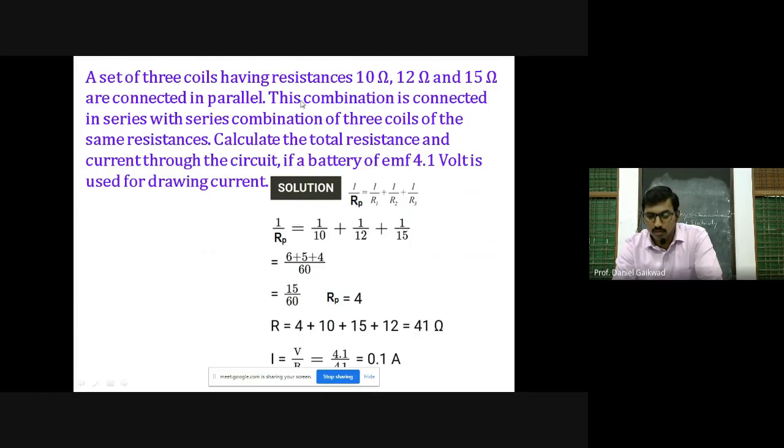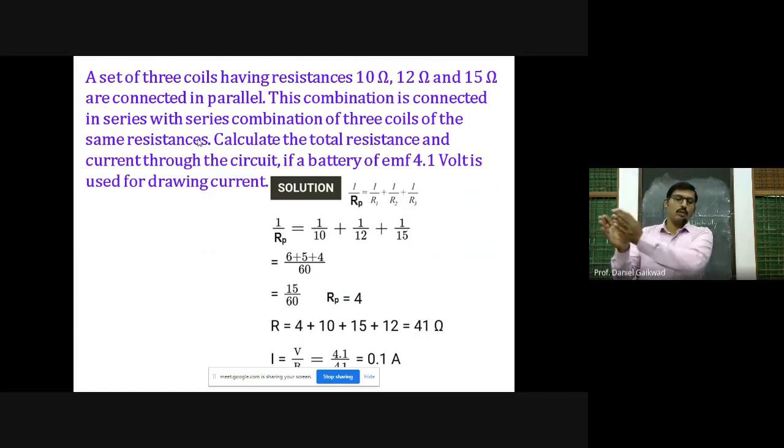Means we have 10, 12 and 15 connected in series, and the parallel combination is again connected in series. So one parallel resistance of 10, 12 and 15 will be connected with series of 10, 12 and 15.